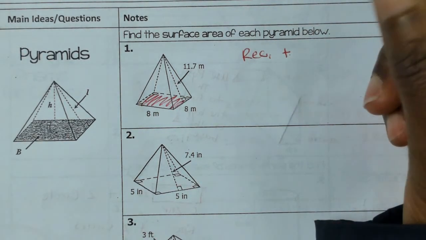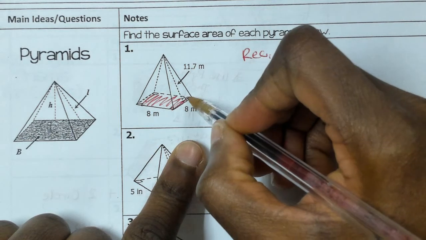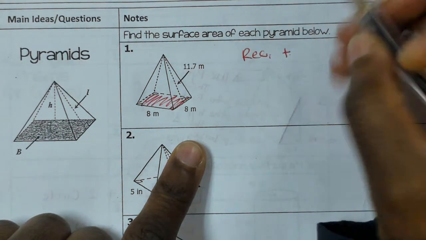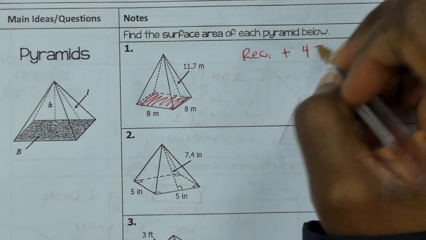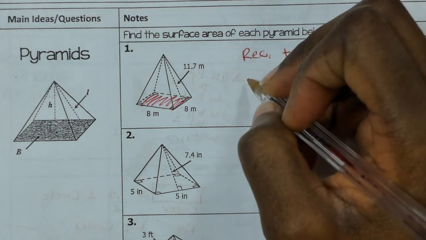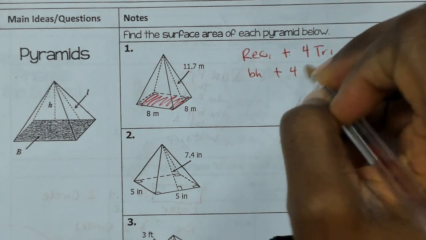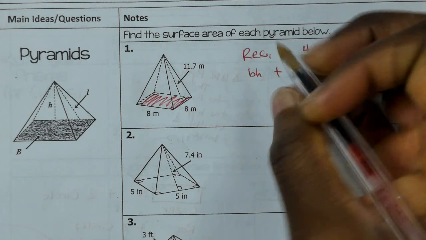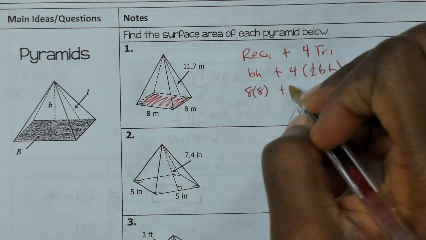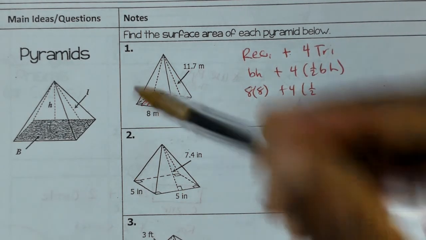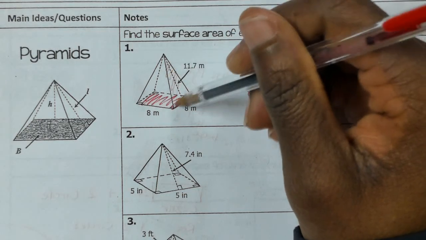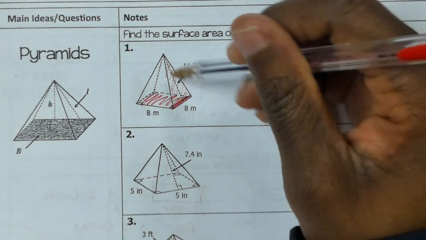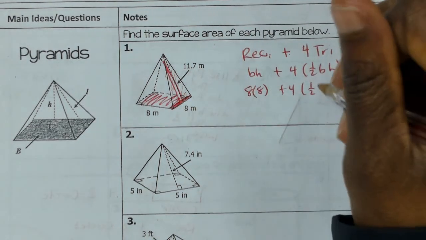And since it's all 8s here, all the triangles are the same exact size. So we have 4 of the area of a triangle. So it's 8 by 8, and then 4 of the triangle's dimensions would be, base is 8, and the height is 11.7.